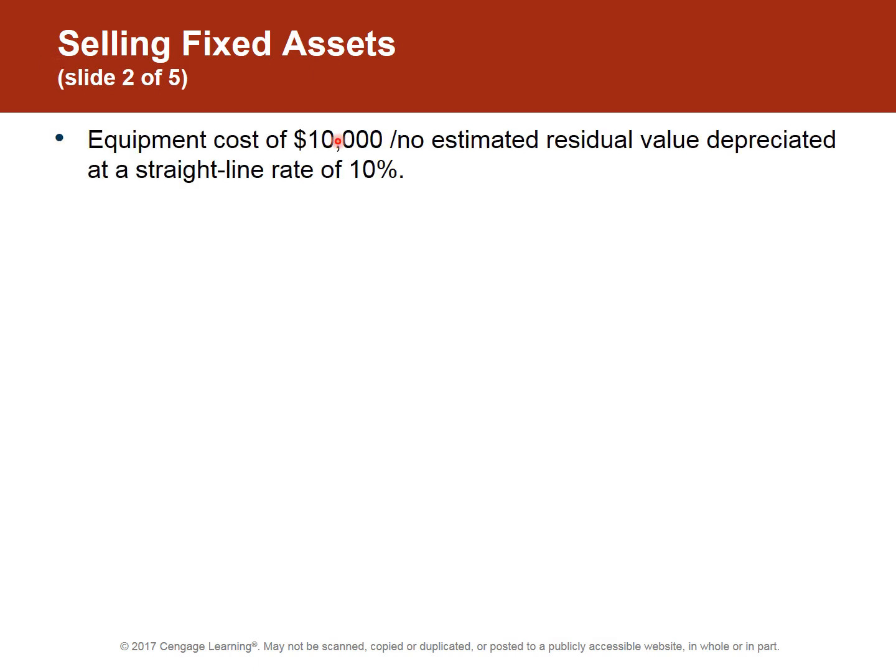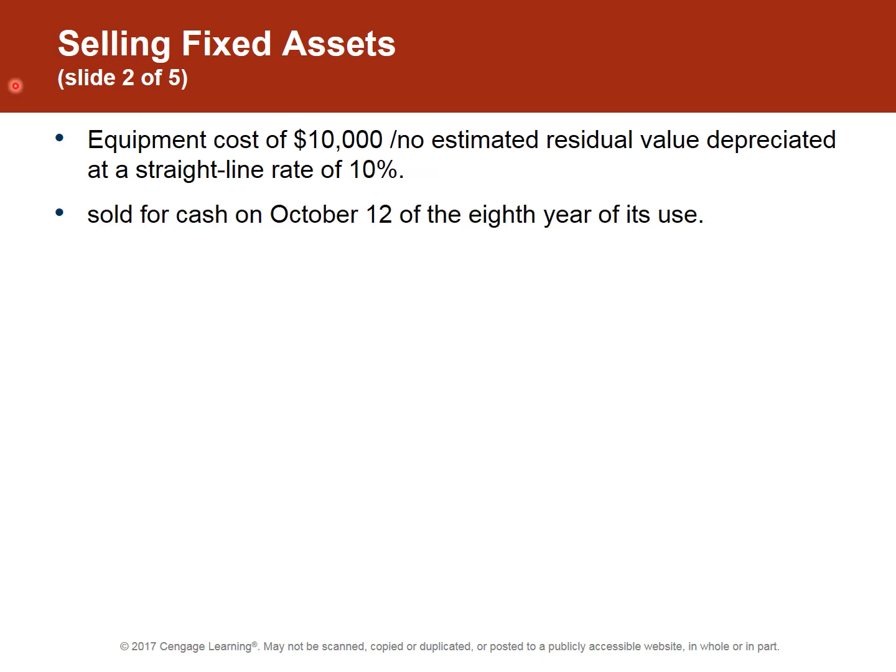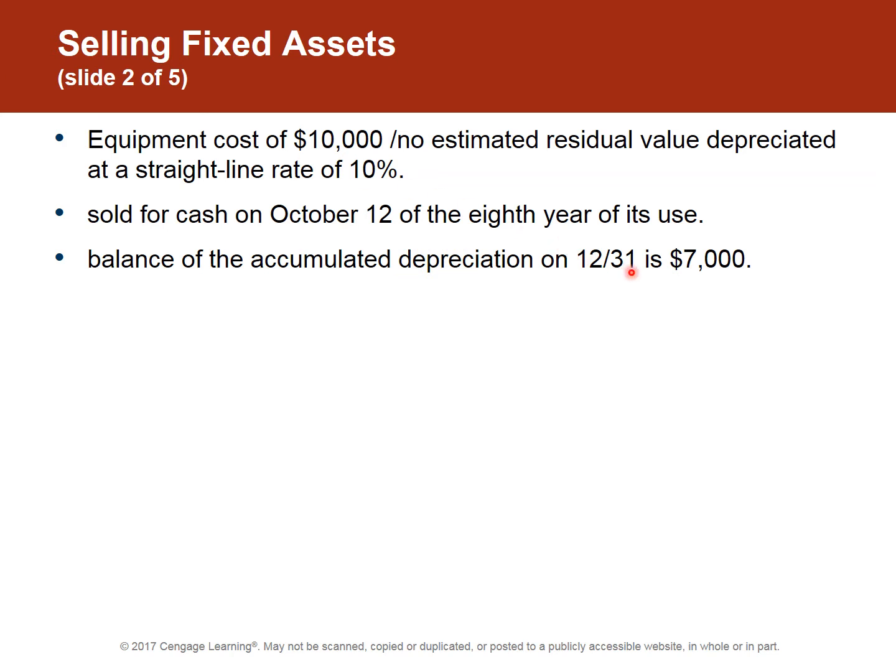So let's assume we've got a $10,000 piece of equipment with no residual value and a straight line depreciation of 10%, sold for cash in its 8th year of use, when the accumulated depreciation is $7,000. So now we've got $10,000 here with $7,000 worth of accumulated depreciation. You should be thinking, first of all, on December 31st it had a book value of $3,000, but it looks like we continued into the 8th year and we sold it on October the 12th.